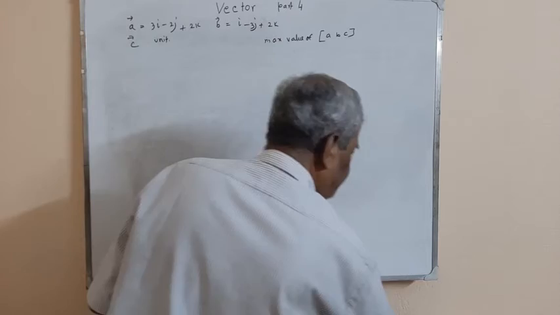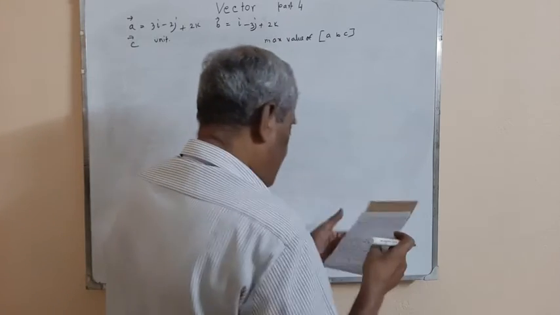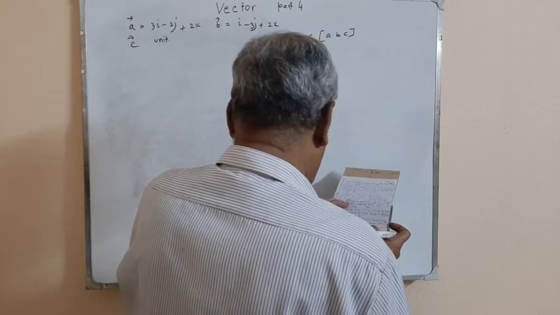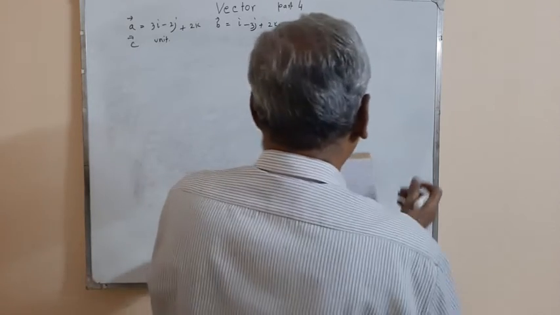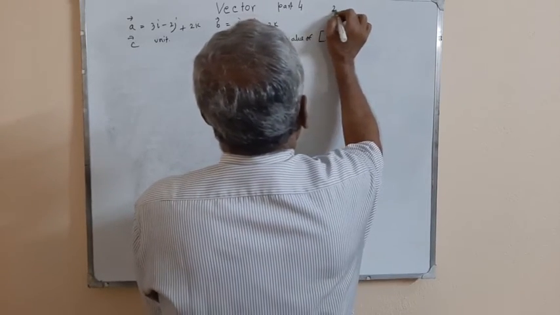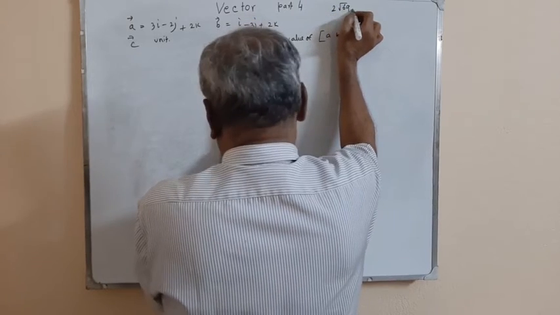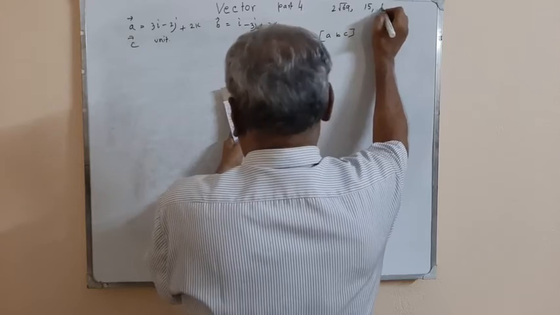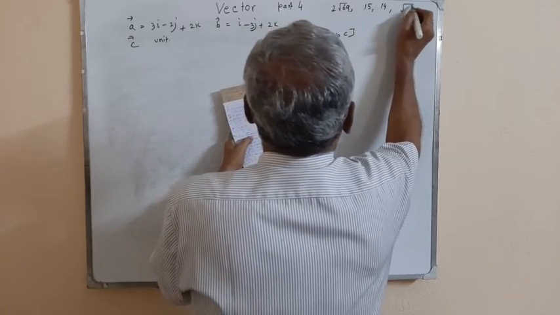Now, the options for the maximum value: 2 root 69, then 15, 14, and root 69.